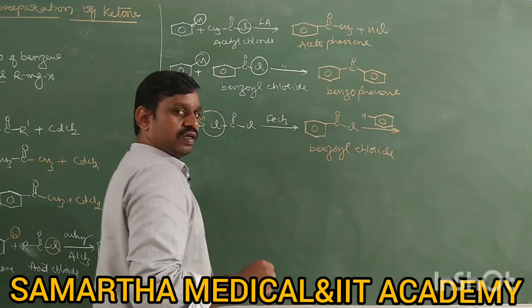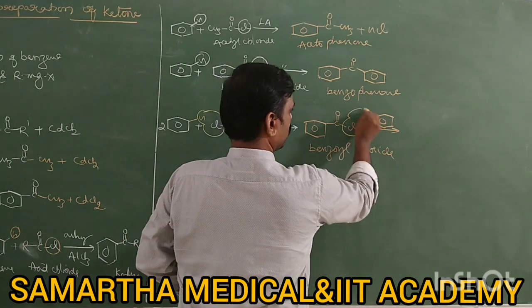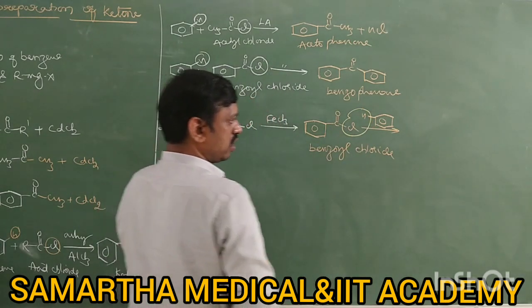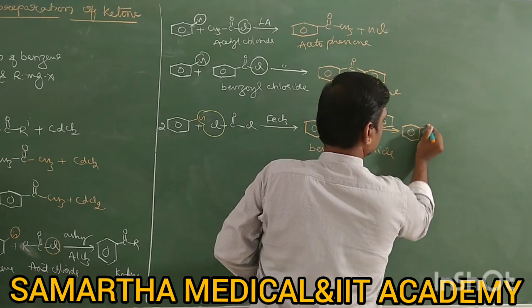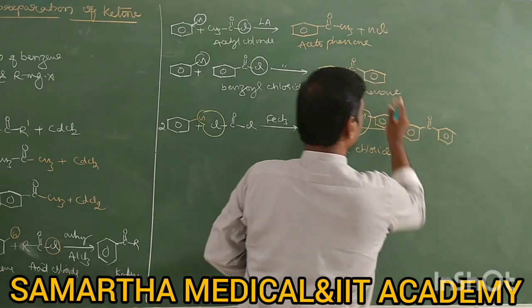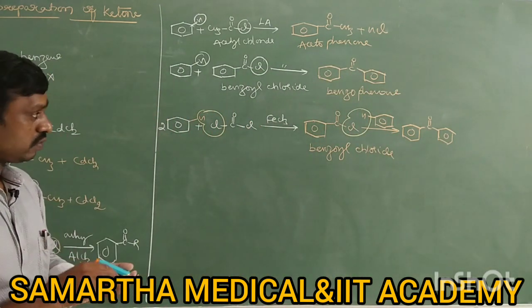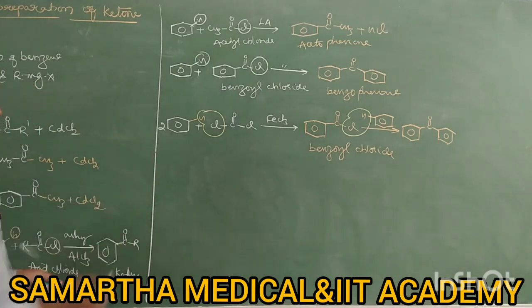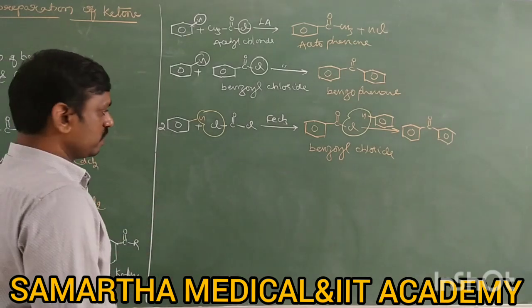So it is also Friedel-Crafts acylation only. Therefore, remove HCl again. You will get the same product, benzophenone. Again, HCl is the byproduct. Like that, you can write many examples. It is Friedel-Crafts acylation. You can prepare ketones by using this method.